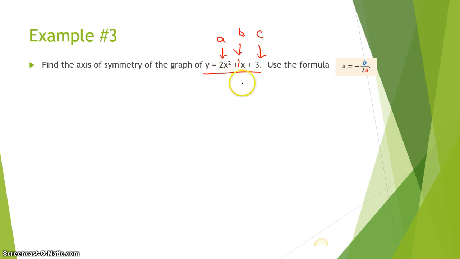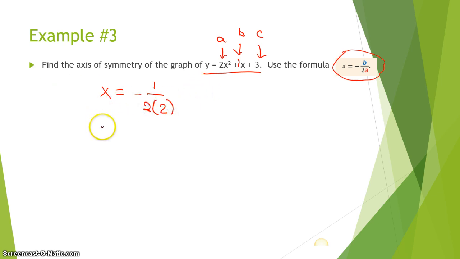So now that I've labeled my values with the correct variables, I can set it up using the formula to find my axis of symmetry. The way we'd set this up is x equals negative, what is my b? 1, over 2 times my a value, which is 2.